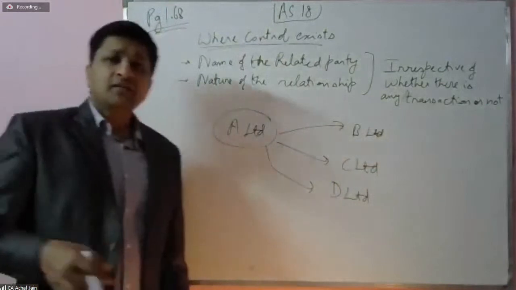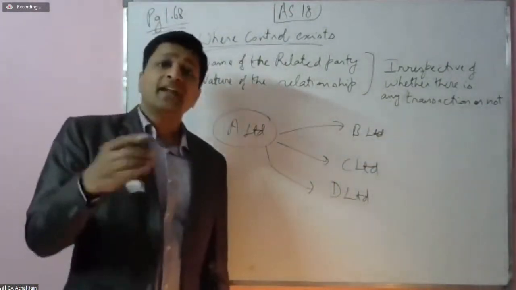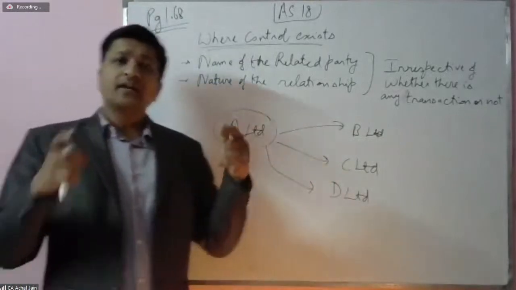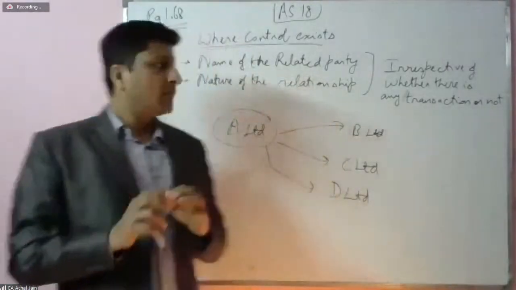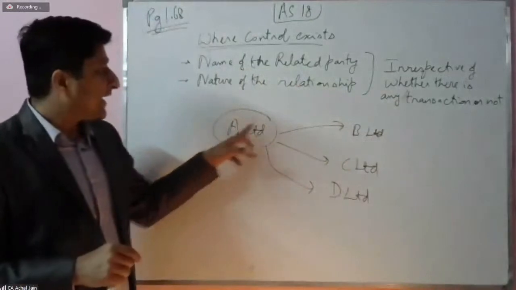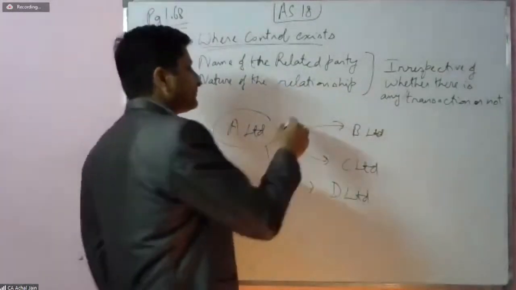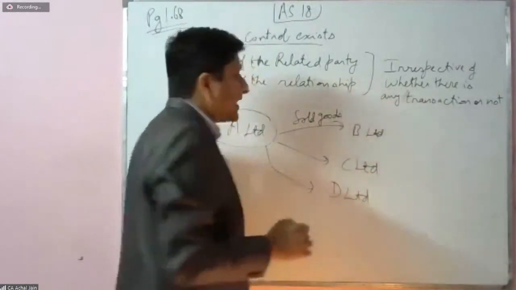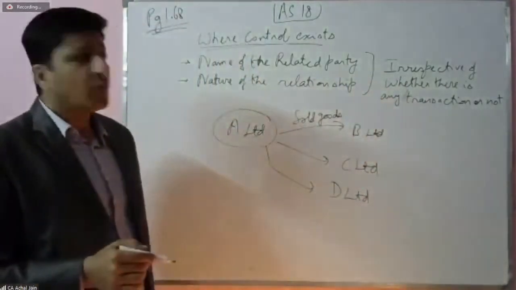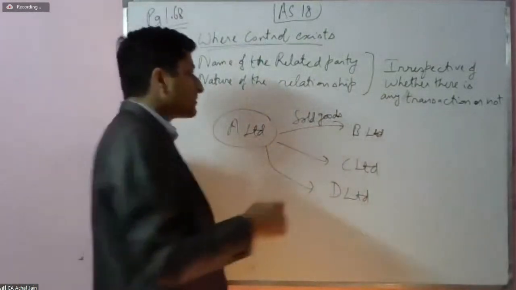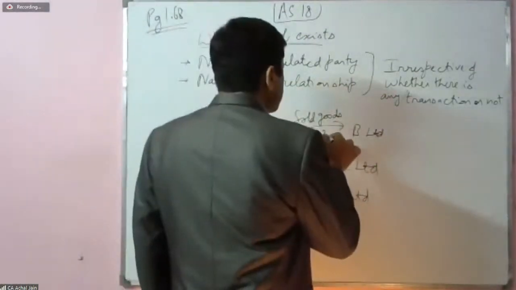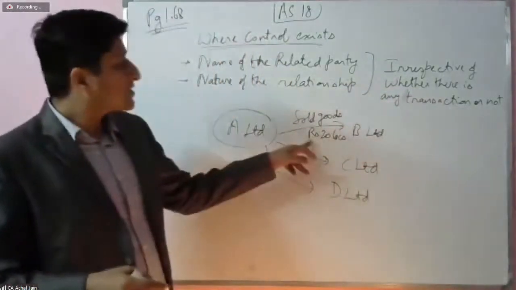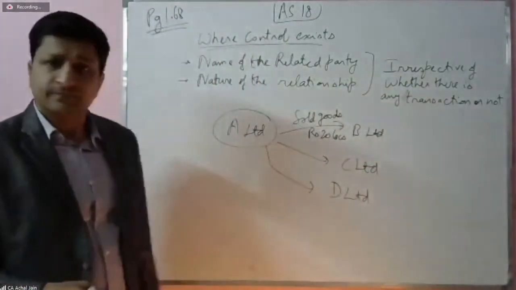The moment there is a related party, any transaction between the related party and the reporting entity is required to be disclosed. So what would it mean? Say A has sold goods to B worth rupees 20 lakhs. In that case, this transaction will have to be disclosed.